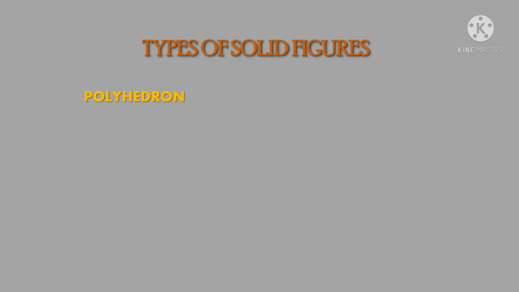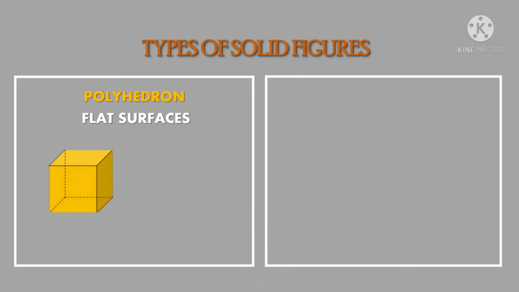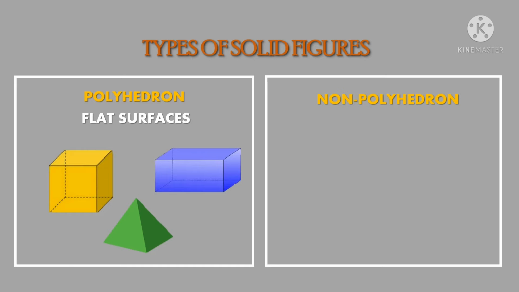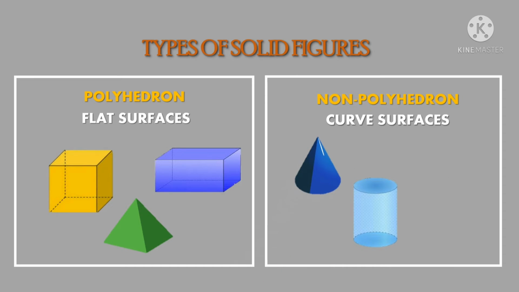A polyhedron figure has flat surfaces, like a cube, a rectangular prism, and a pyramid. Number 2 is a non-polyhedron. While the non-polyhedron figure has curved surfaces, like a cylinder, a cone, and a sphere.